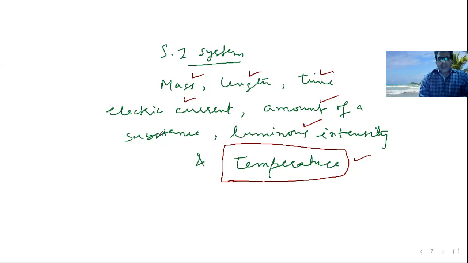In these 6 quantities, what we do, we choose a standard, then make comparison. Now here, we cannot do that. In case of temperature, we cannot choose standard and then make the comparison, because the nature of temperature will not allow us to do that. We need to think over that. What we do in case of temperature.